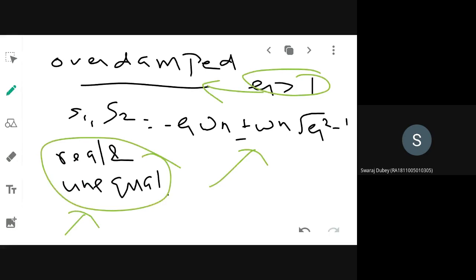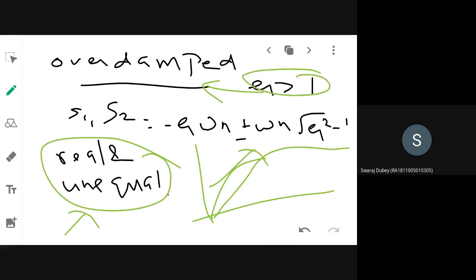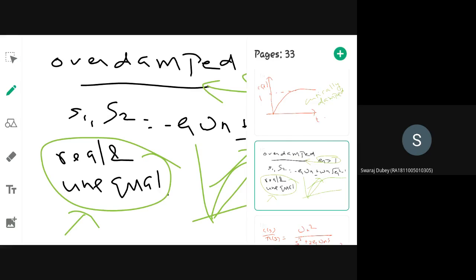Compared to the critically damped response, the overdamped system will take a longer time to settle to the final value. So with this, the 4 cases are over. Now just refresh the things you have learned about the second order system.